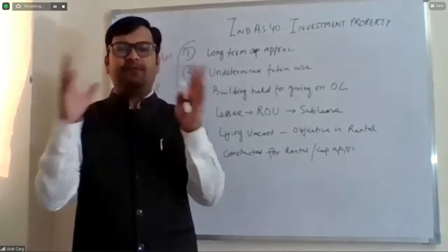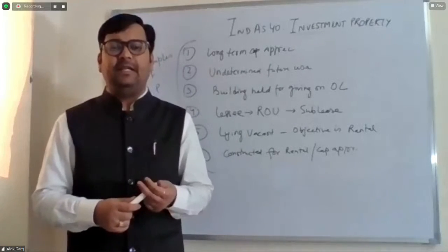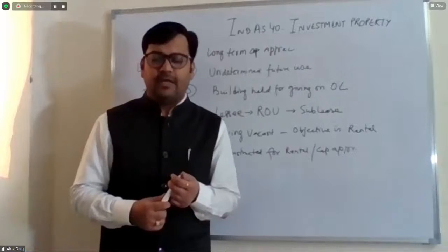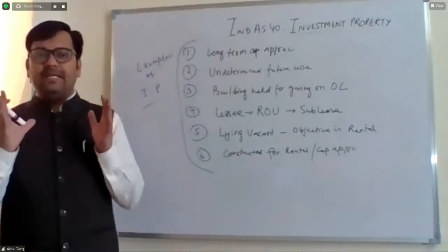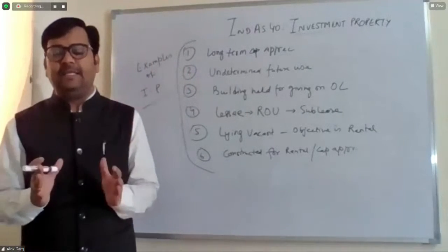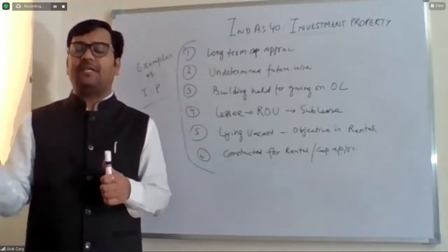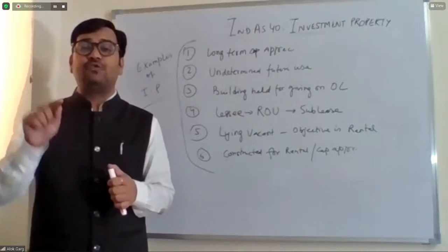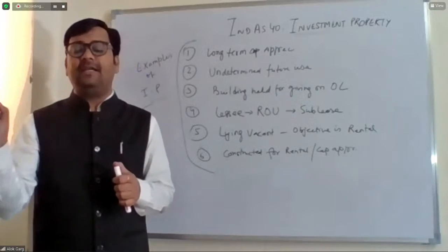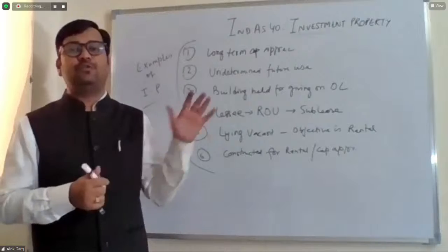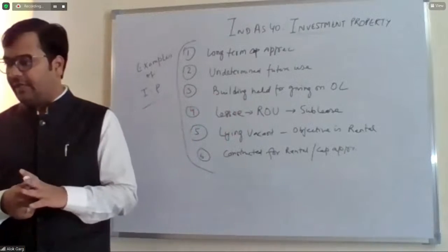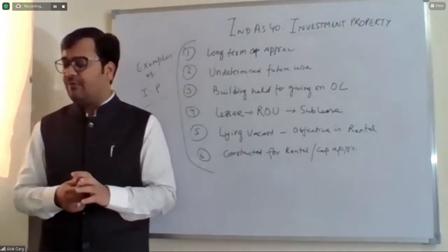These are the 4 or 5 indicators under AS 19 and Ind AS 116. So if you are a lessee and you have taken a land or building on a lease basis, and your objective is to sublease that property, then that right of use asset has to be shown as an investment property. Ambika, I hope I answered your query.